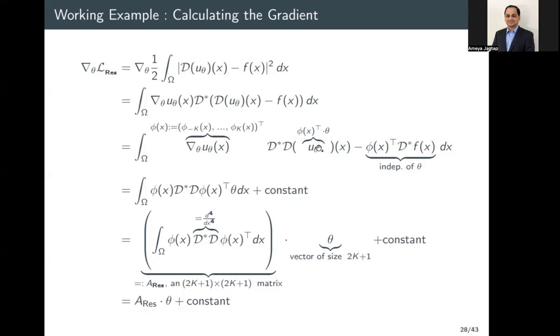And because it's linear, we can actually make this phi appear on the right hand side, because we can rewrite our solution like this here. And this is not possible if our function is not linear in the parameters. Okay.